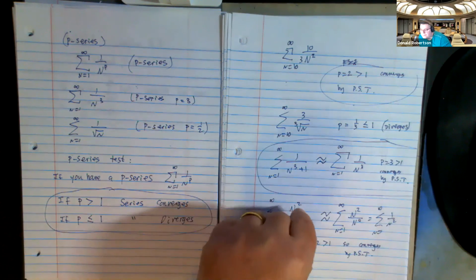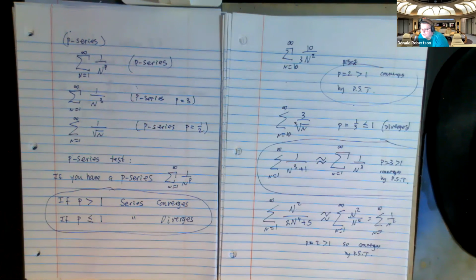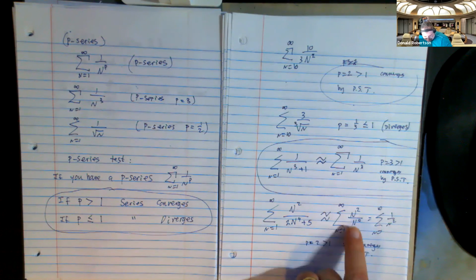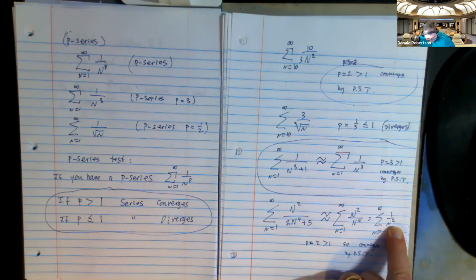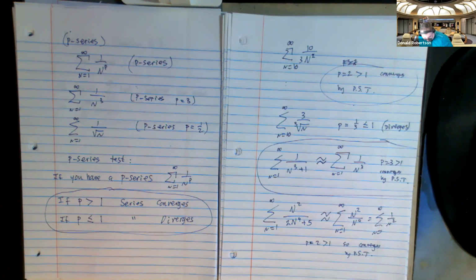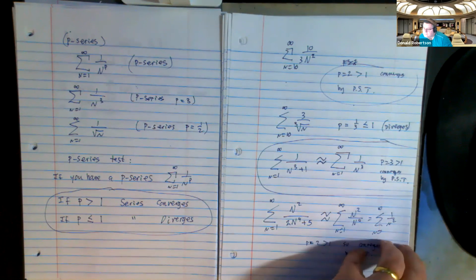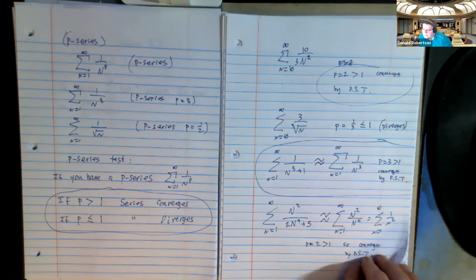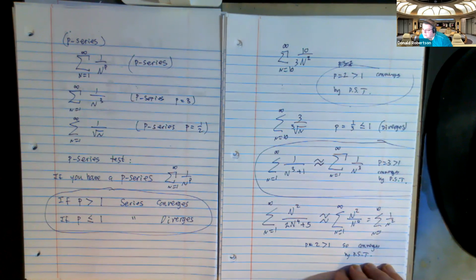Because can't you basically just take them and break them down into a P series that they will behave similar to? And then the test for a P series is just if that power is bigger than 1, it converges. And if that power is less than or equal to 1, it diverges. Any questions about that? Does that seem pretty good?